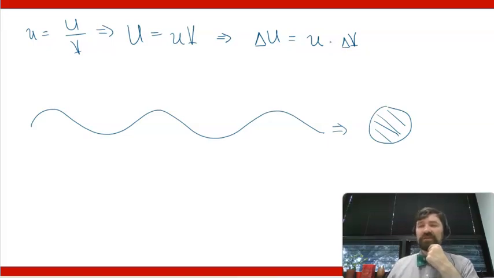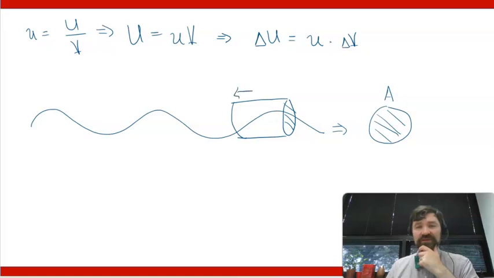The spot has cross-section area A. The total volume that has passed through a given point as this wave passes through looks like your cross-section area A times the distance delta x that this wave has traveled in that time. So delta V should look like A delta x.